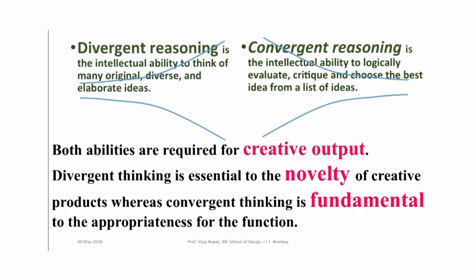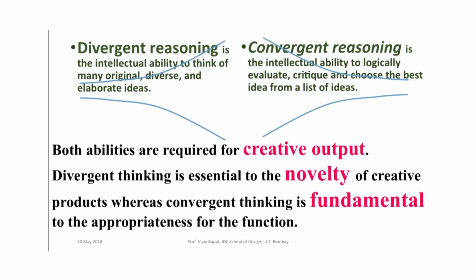In convergent, I am reducing my options, combining my options. So the first part is more creative, the second part is more innovative. Innovation and creativity.